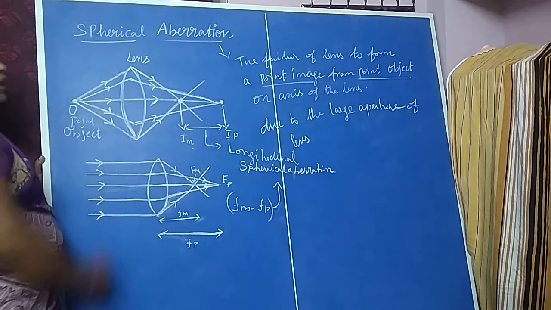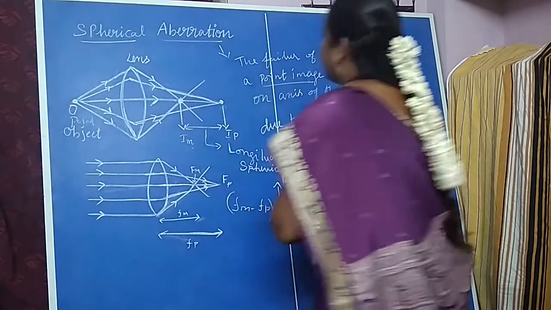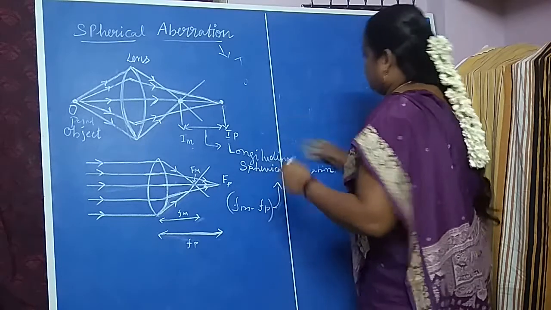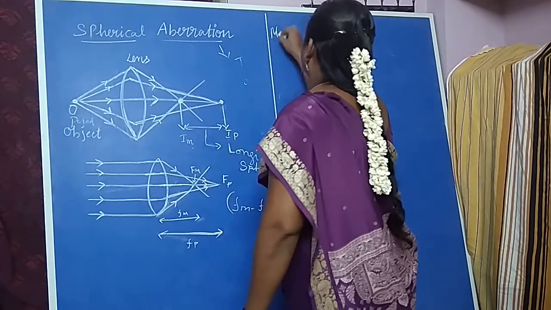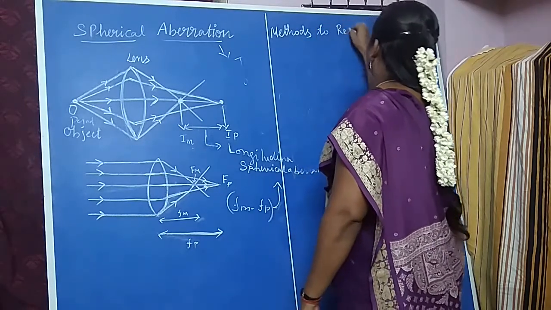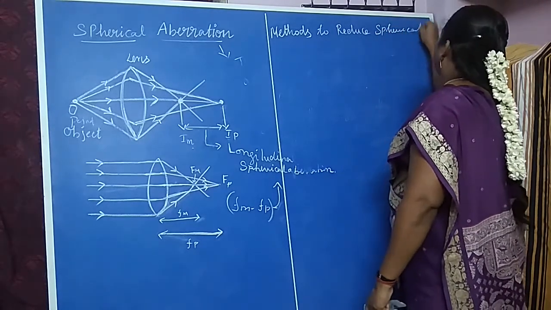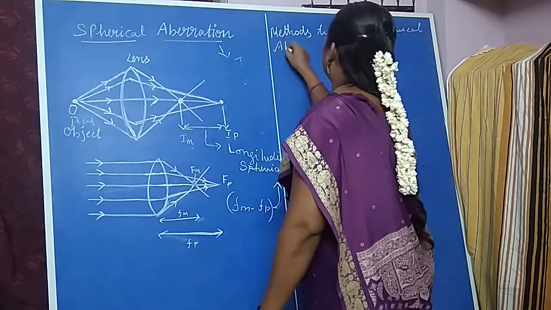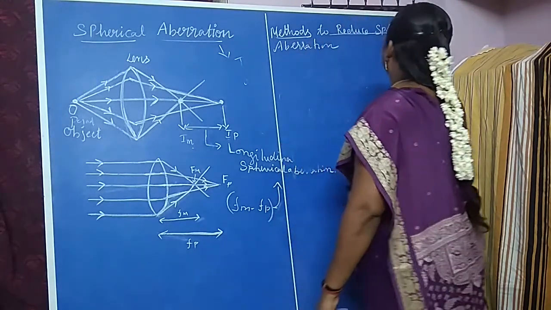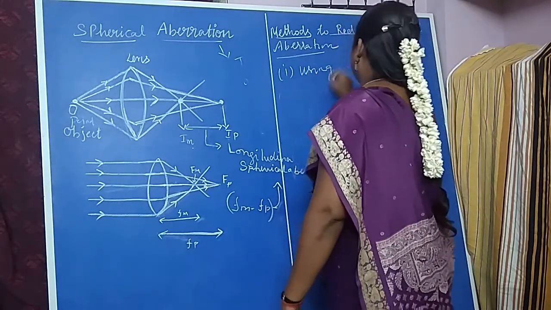How to reduce the spherical aberration? We have some methods to reduce the spherical aberration of the lens. The first method is using stops.